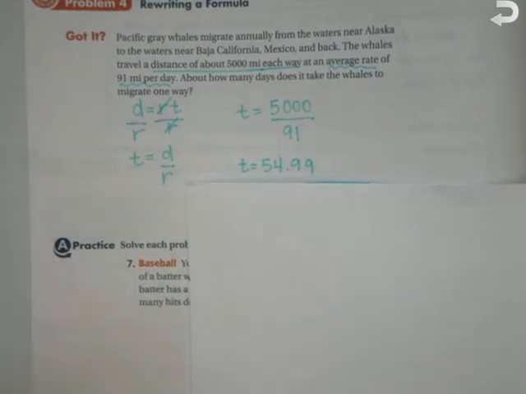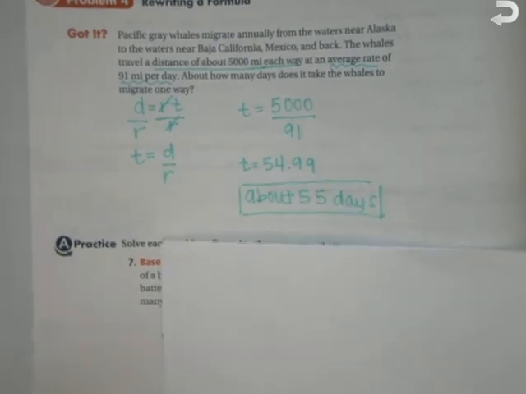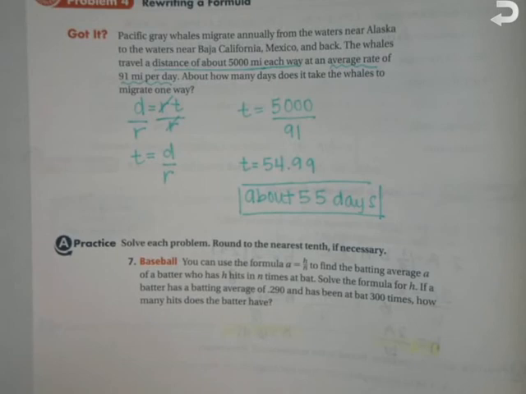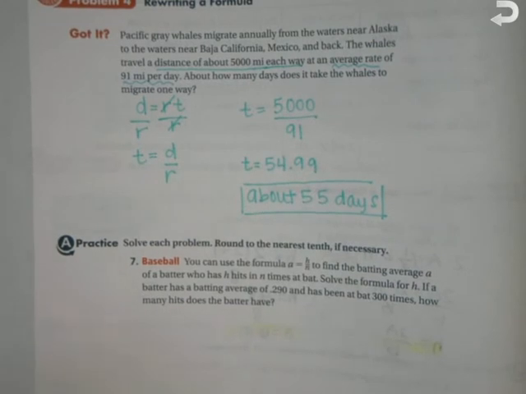So it's about how many days? 55. Okay, so about 55 days. If it was like 54.5, you could just say 54 and a half days. Or you could also round that up. But about 55 days for the whales to travel from Alaska to Mexico. That's like a month and a half.